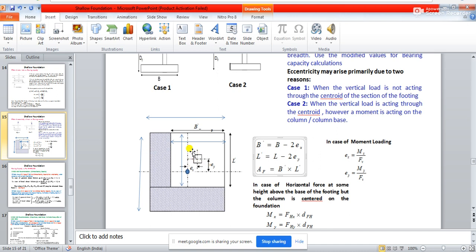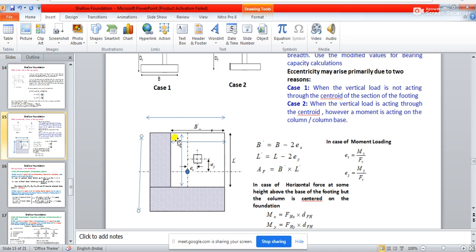So it will not be only one Ex, it will be twice Ex, and I will show you that the Indian Standard Code also gives this value as twice Ex. It cannot be subtracted only Ex. Is it clear? In this case it is B, in this case it is L, so the centroid is somewhere here. Now, you are shifting the column to some position.